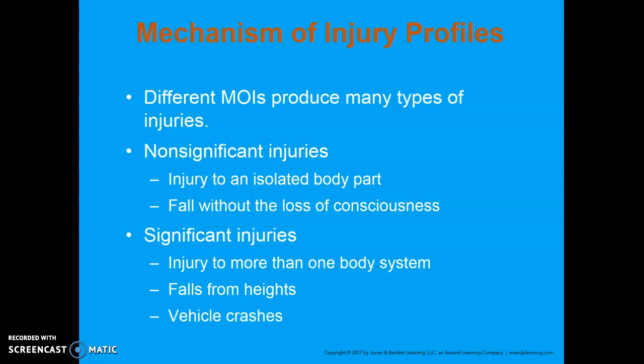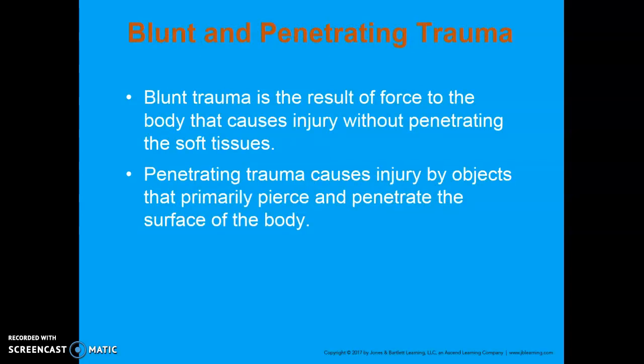Significant MOIs, this is a multi-system trauma or injury to more than one body system, falls from heights, motor vehicle and motorcycle crashes, car versus pedestrian or versus bicycle or motorcycle, gunshot wounds, stabbings, they all have more potential to cause serious underlying injury. Blunt and penetrating trauma, these are the two main categories for traumatic injuries.